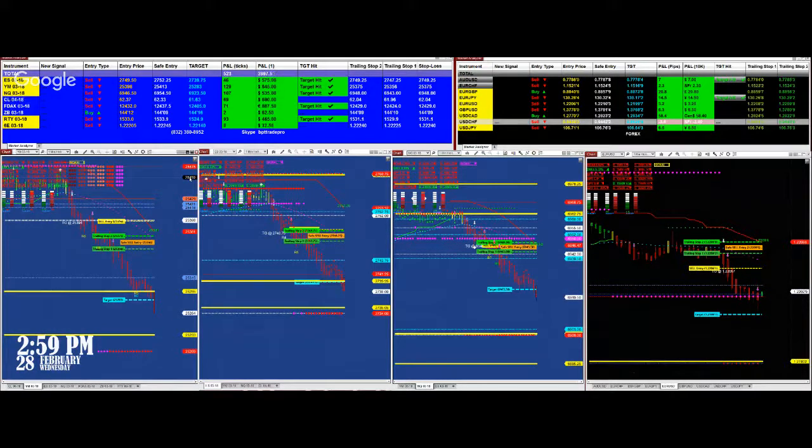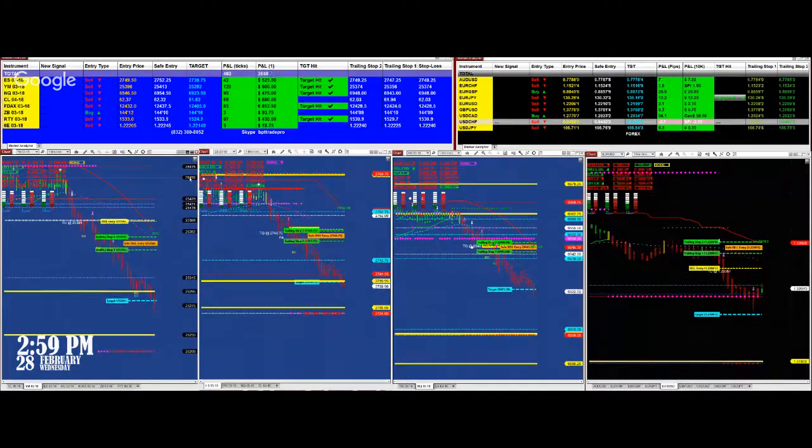You might be able to scalp it for 5 ticks or 10 ticks, but you cannot go ahead and start swinging from that trade. You're not going to get any decent trade. There we go.